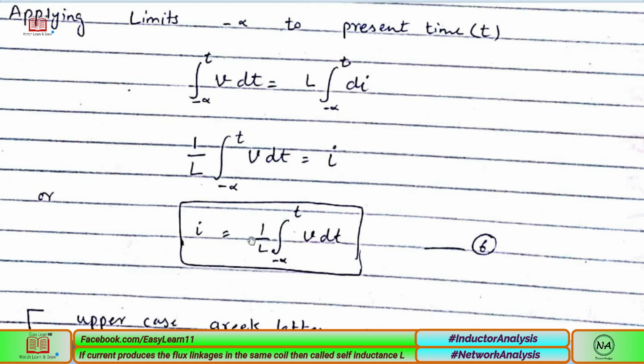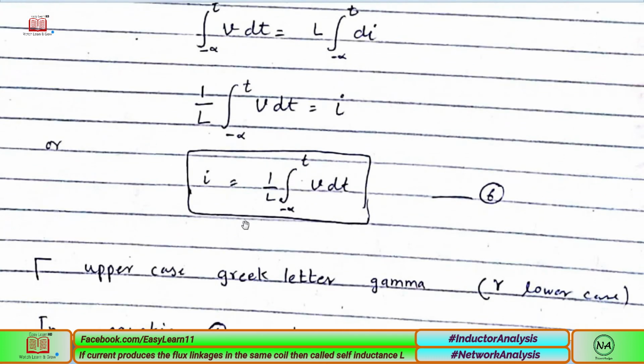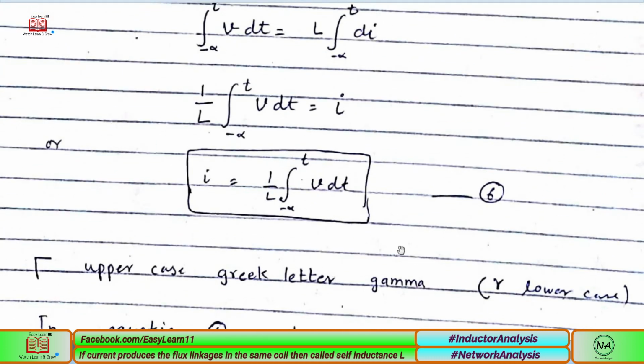I'm not changing any parameter, just writing it in a standard form. i is equal to 1 over L integral from minus infinity to t of v dt.